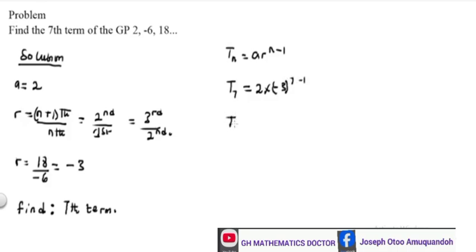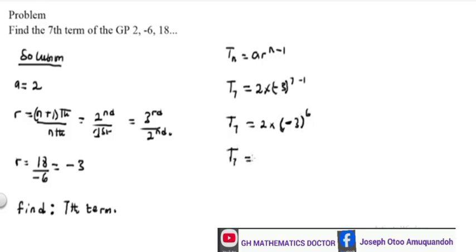If we further simplify the right hand side, that will give you 2 times negative 3 exponent 6. So by using a calculator, you continue punching your figures to have the exact answer.